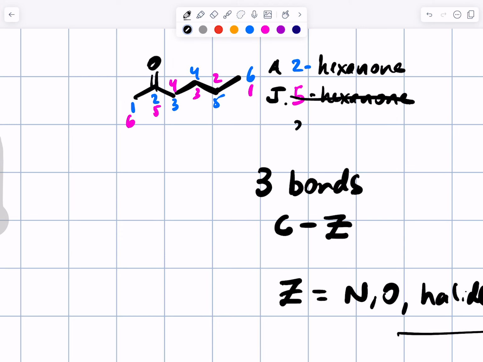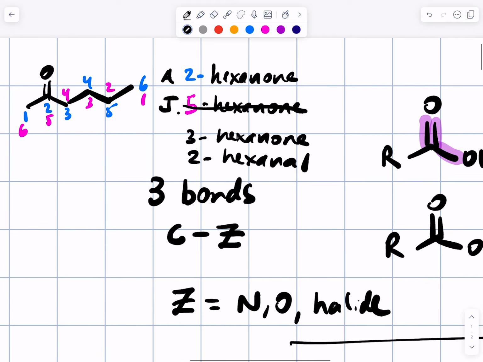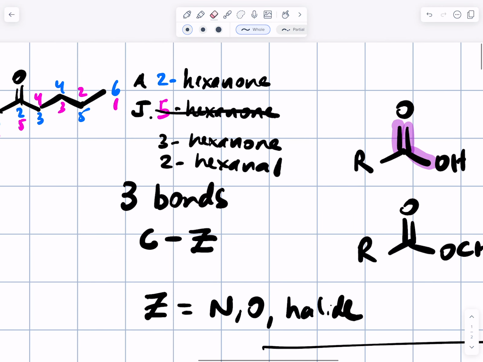I might have put 3-hexanone, which would have been the absolutely wrong compound. I might have put 2-hexanal because I'm not sure you know the difference between an aldehyde and a ketone. And maybe I would have put 2-pentanone because I'm not sure you can count. I mean, that's not really a great answer.